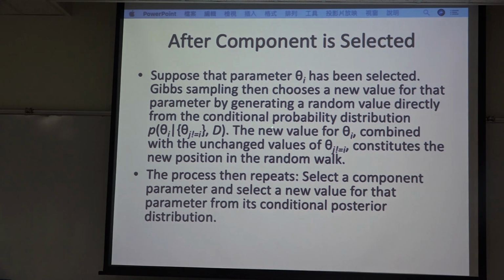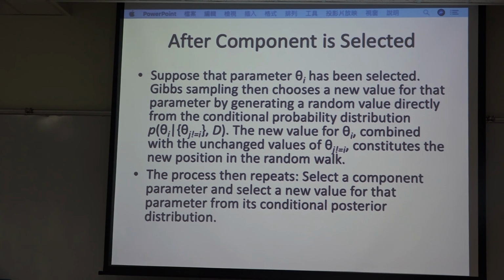The new value for theta i combined with the unchanged values of the other parameters constitutes the new position in the random walk. Then the process repeats: select a component parameter, most likely the next parameter, and select a new value for that parameter from its conditional posterior distribution, and so on.